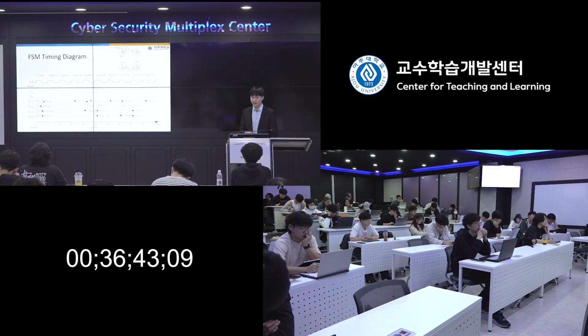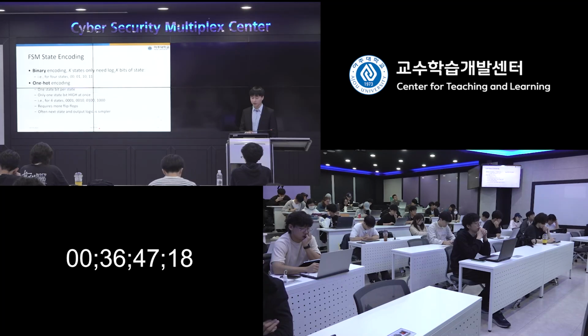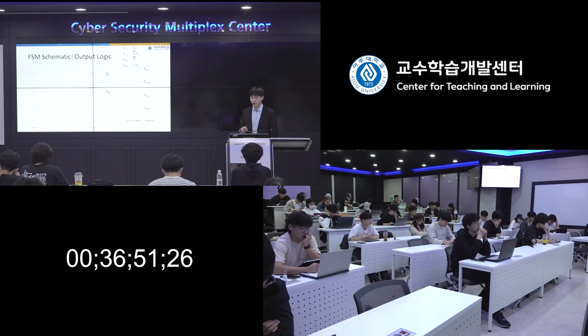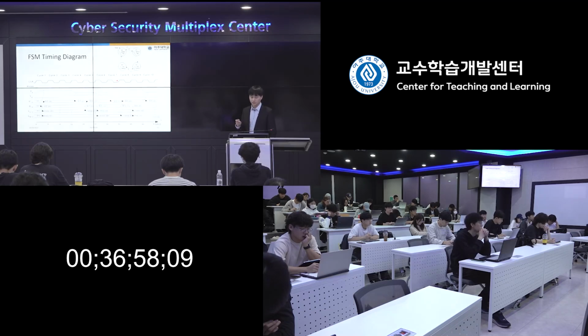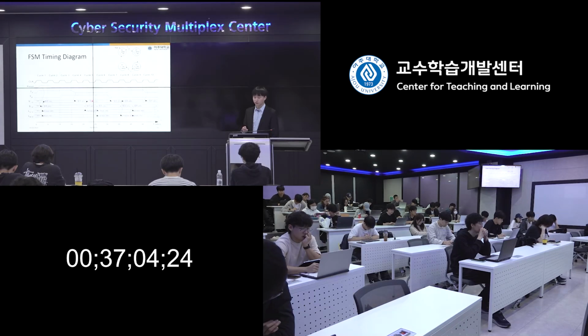Also, it will affect the next state, S prime, to change, because similarly, the current state will be fed back to the input and immediately affect the next state. So then it will trigger the next state to be S2.